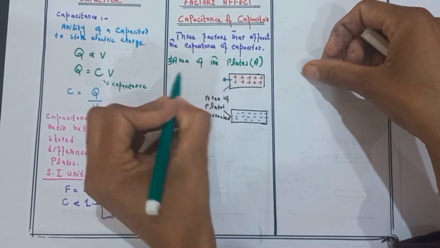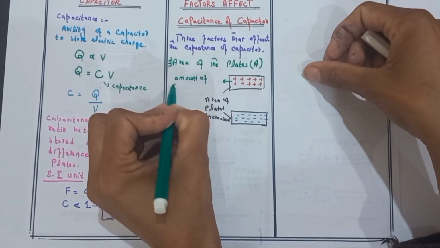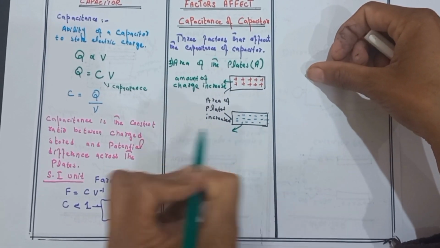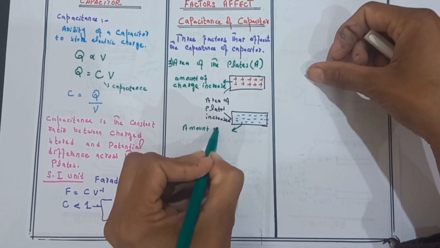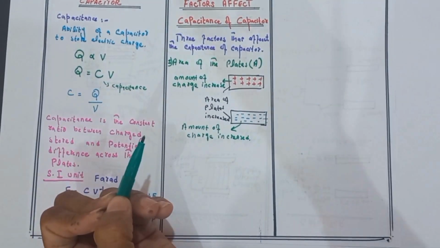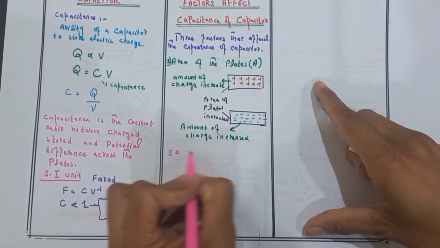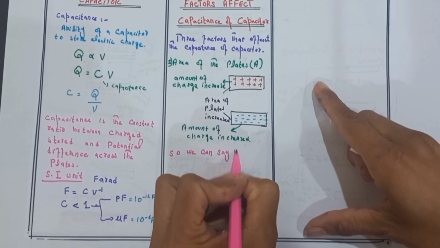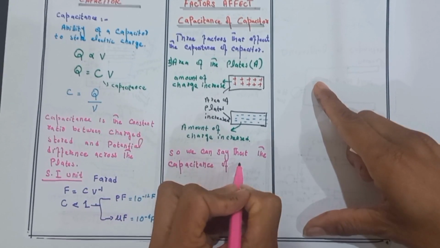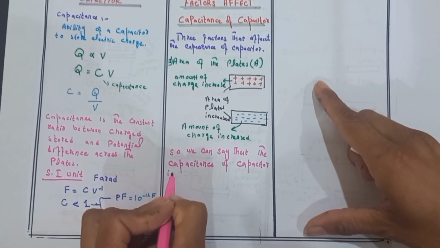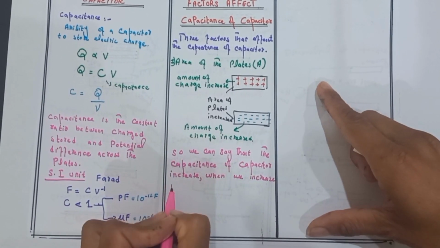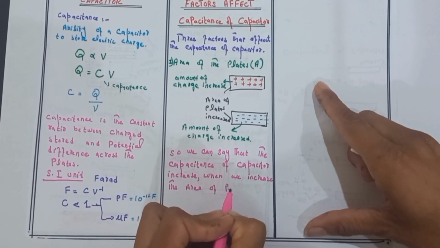The amount of charge increases when we increase the area of the plate. So we can say that the capacitance of a capacitor increases when we increase the area of the plates.